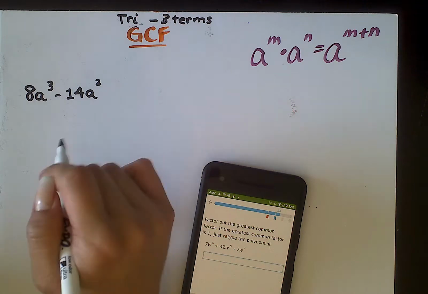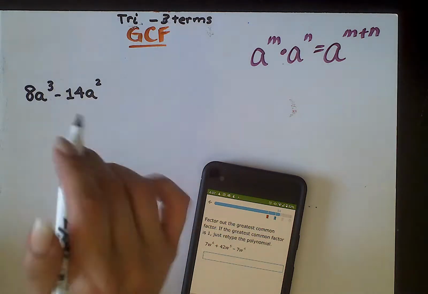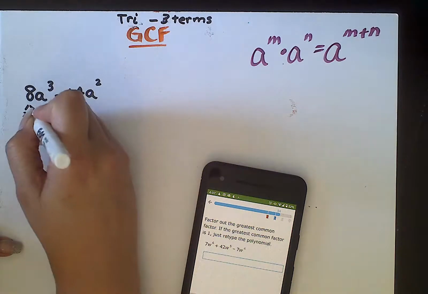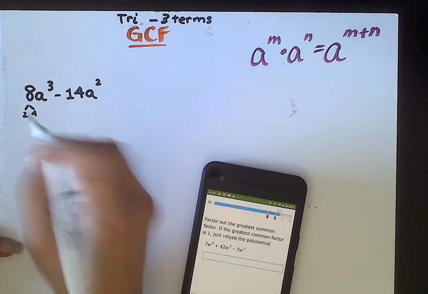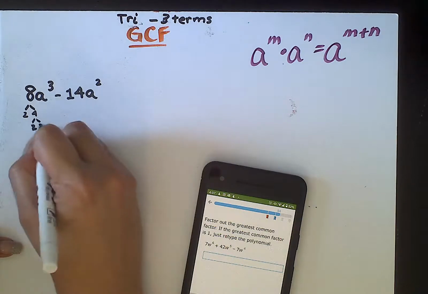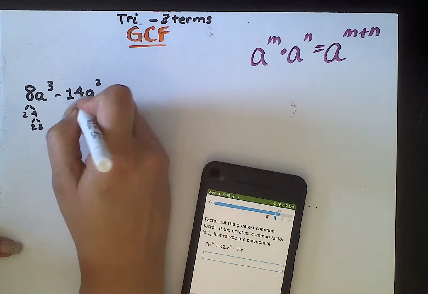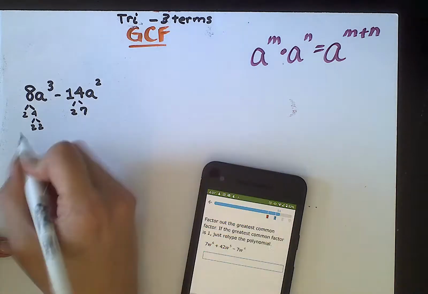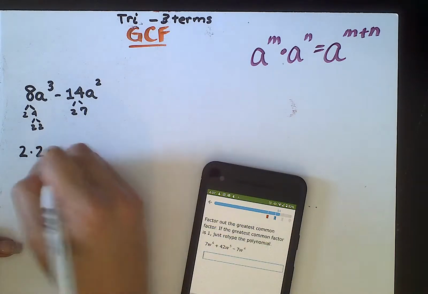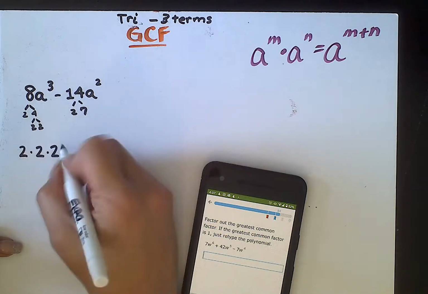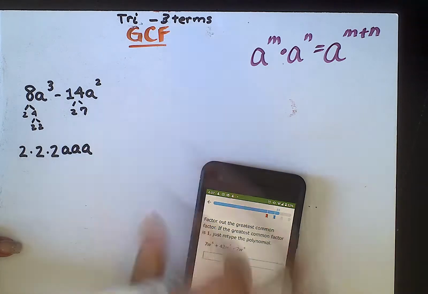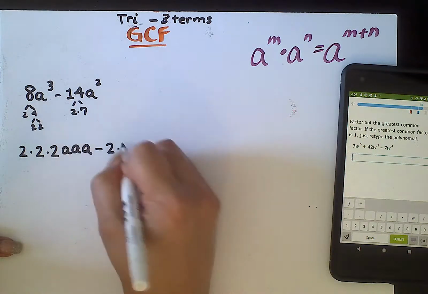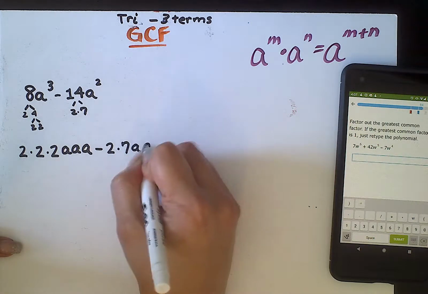The 8 should be 2 times 4, and then 2 times 2. The 14 would be 2 times 7. So 2 times 2 times 2, the A cubed is 1, 2, 3 A's, minus 2 times 7, A.